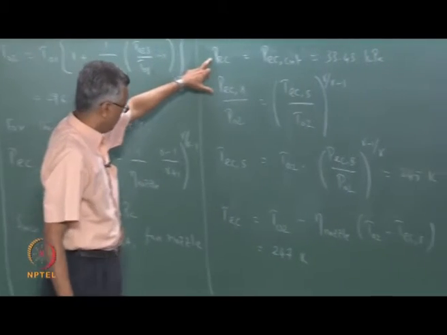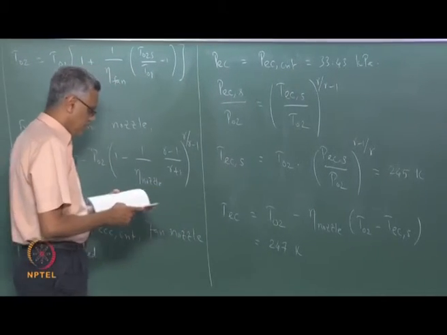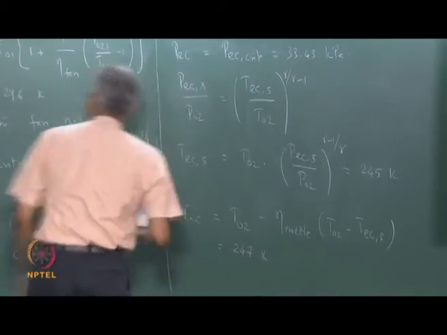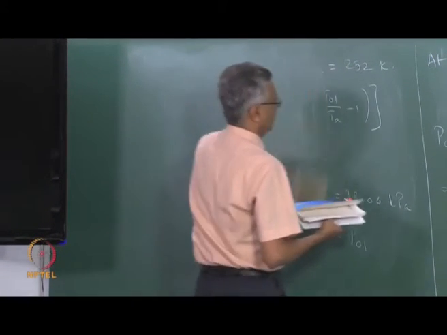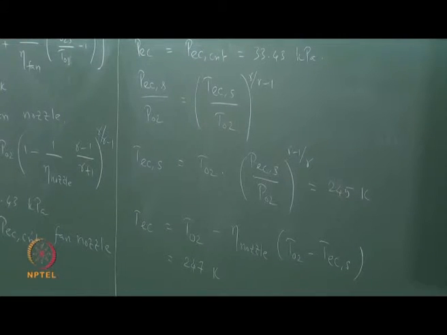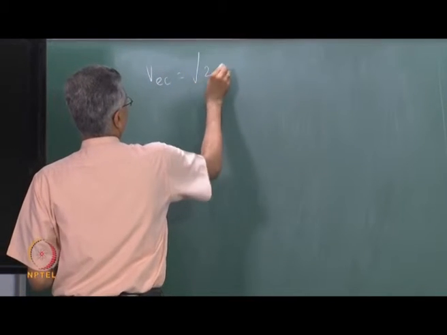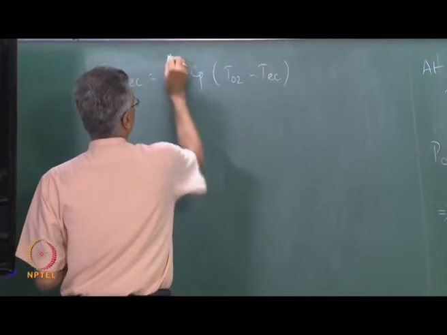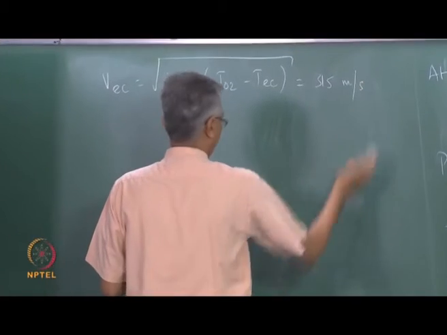So I have the exit static pressure, I have the exit static temperature from which I can calculate the exit velocity, right. VEC can be calculated very easily. VEC is equal to square root of 2 Cp times (T02 minus TEC), and this comes out to be 315 meter per second.